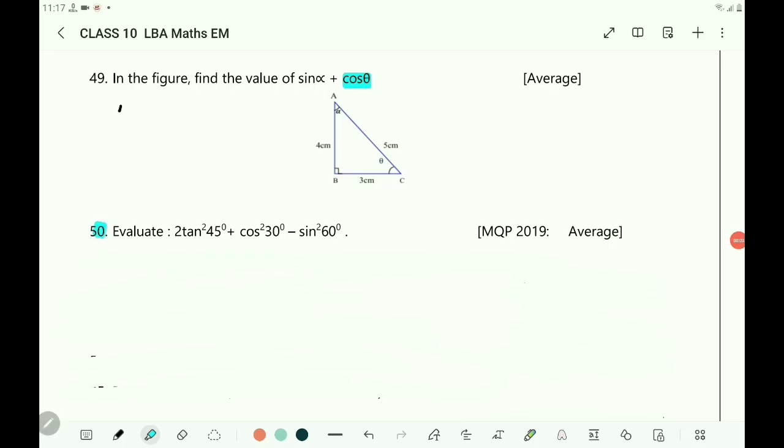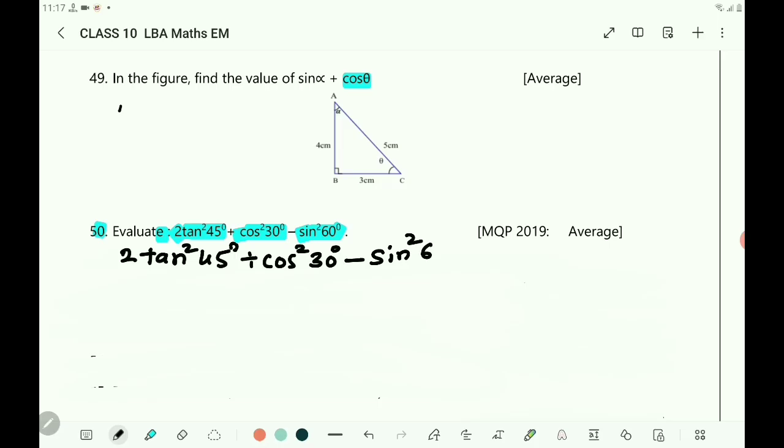Question number 50. Evaluate 2 tan square 45 degree plus cos square 30 degree minus sin square 60 degree. You write 2 only, tan square 45 degree.